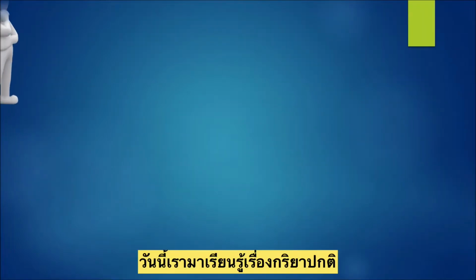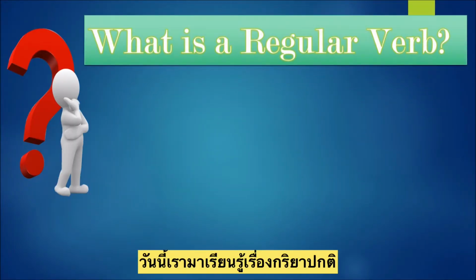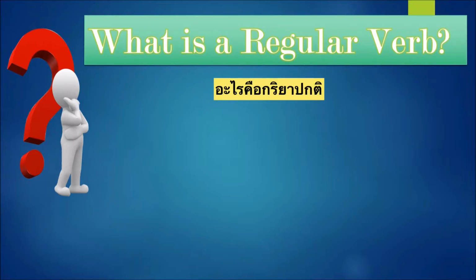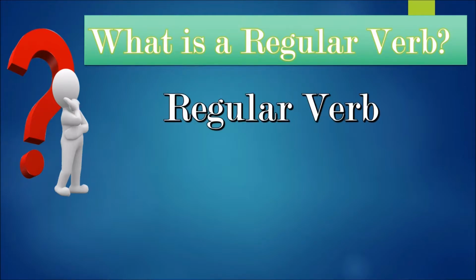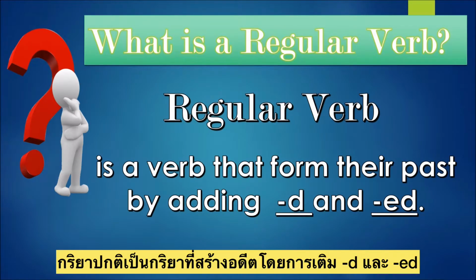So today, we are going to learn about regular verbs. What is a regular verb? A regular verb is a verb that forms its past by adding d or ed at the end of the word.